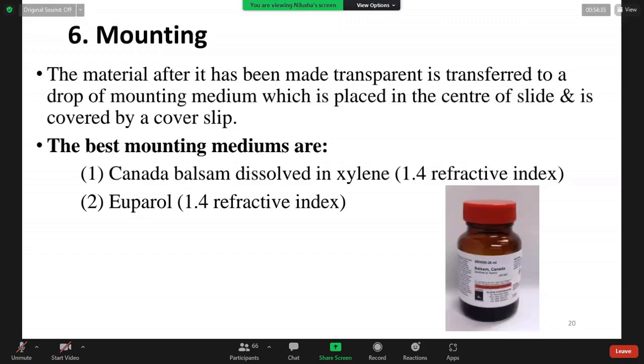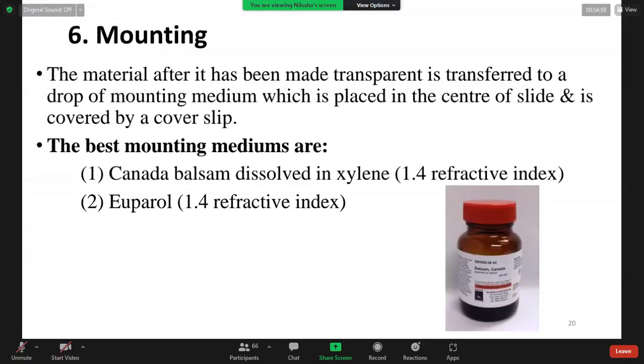How do we put this medium? Put the medium in the center of the slide, and after that we have to cover it with the cover slip.